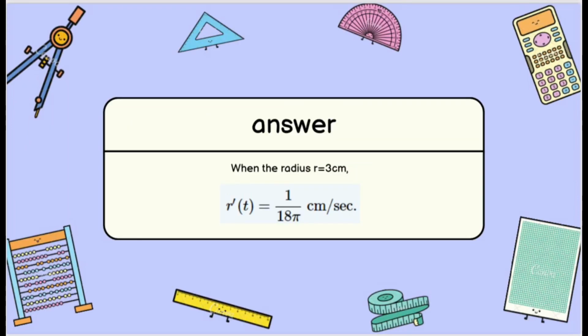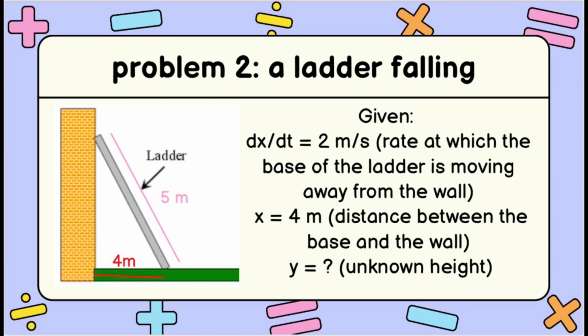The answer is, when the radius r equals 3 cm, r' equals 1/(18π) cm per second.